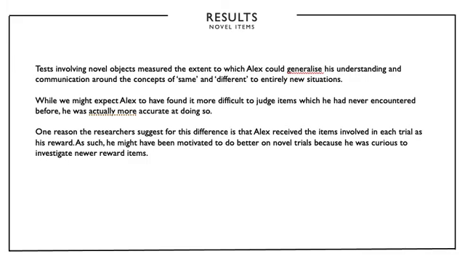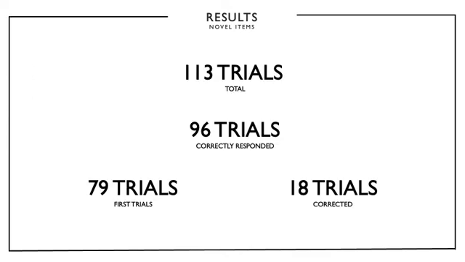For the familiar items, he has already encountered it in the training phase. He knows what it feels like, he knows how it tastes, so he was not that motivated. He was maybe bored of it. But with the novel items, new things he has never encountered before, he was more motivated to get it. So that's why he got it right a couple more times compared to familiar items.